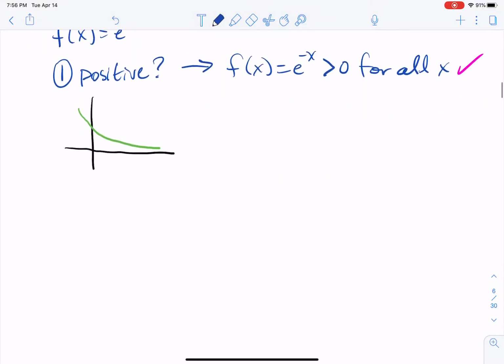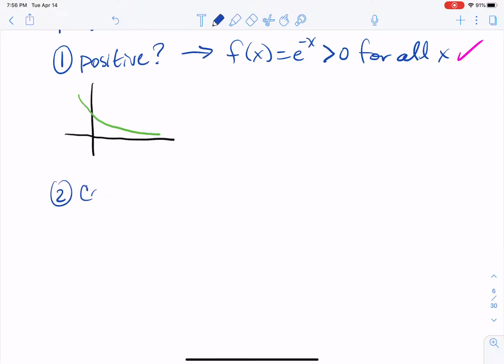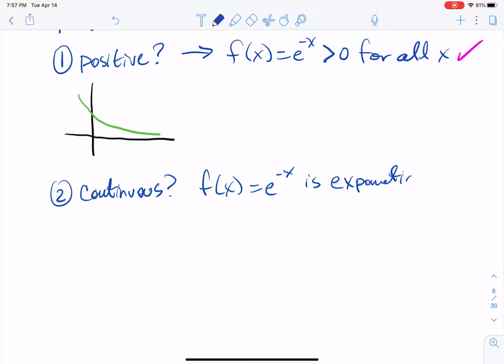Our second one: is the function continuous? Well, it's an exponential equation, and exponential functions are continuous everywhere. So yes, f of x equals e to the negative x is exponential, which is continuous everywhere.